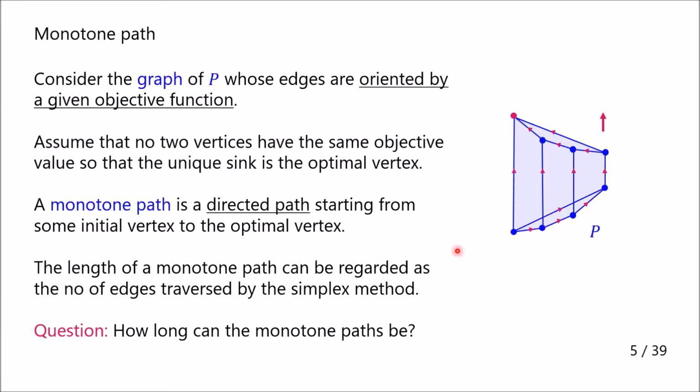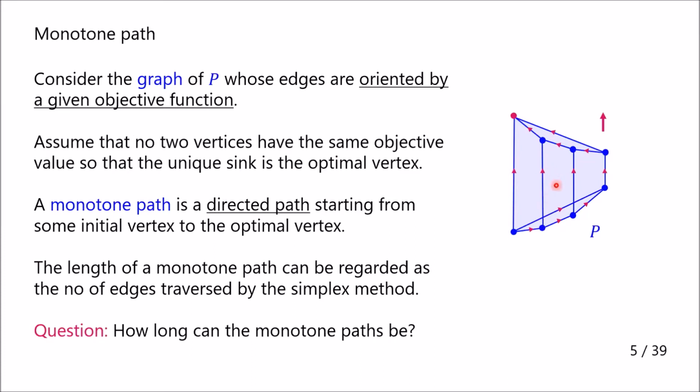Now let us look at the graph of this polyhedron P, whose edges are oriented by a given objective function like this. Vertices of this graph are vertices of this polyhedron, and edges of this graph are edges of this polyhedron. Assume no degeneracy for simplicity, that is, no two vertices have the same objective value.